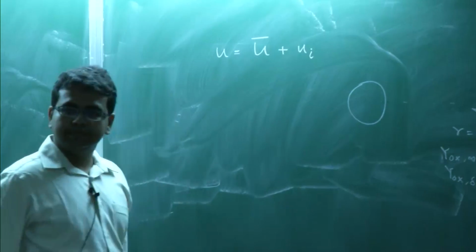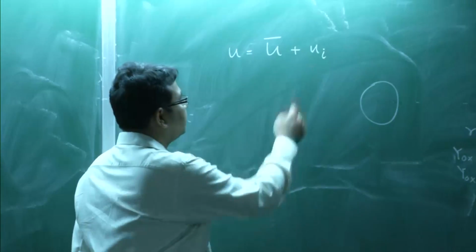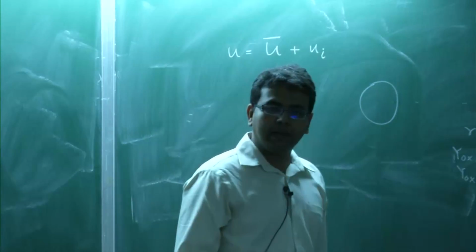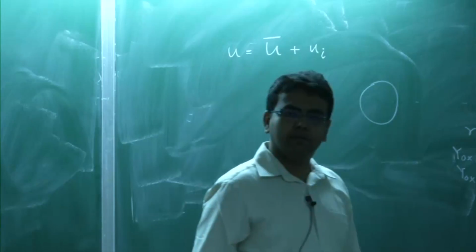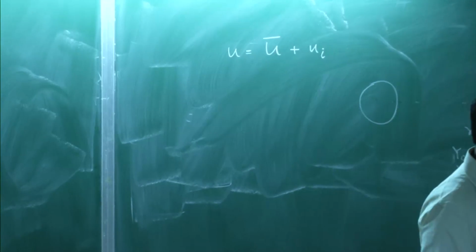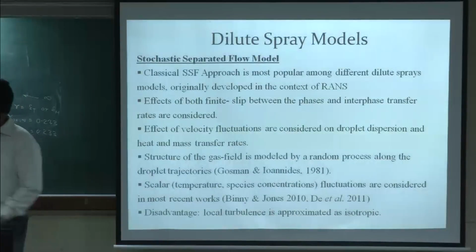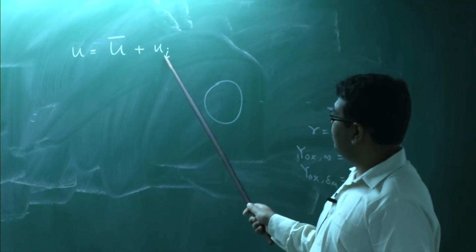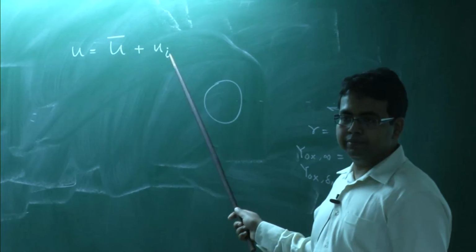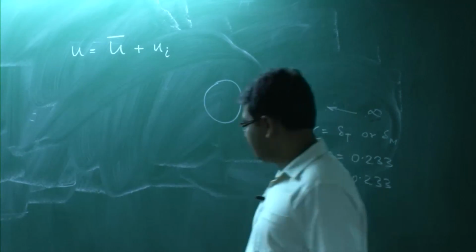So, that is the challenge that we have here. But if the gas phase turbulence model is the K-epsilon model, then from the K-epsilon information you can calculate this u prime.